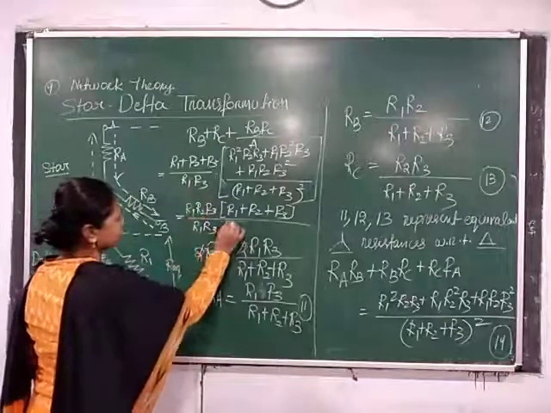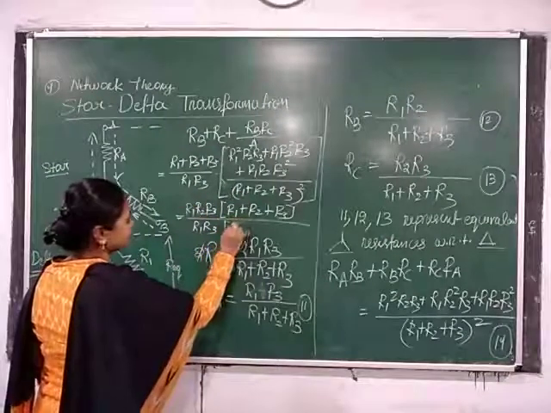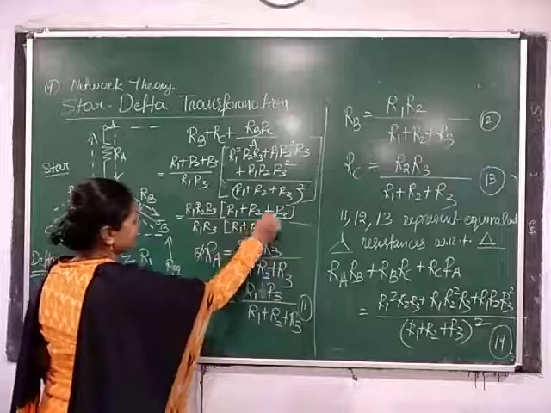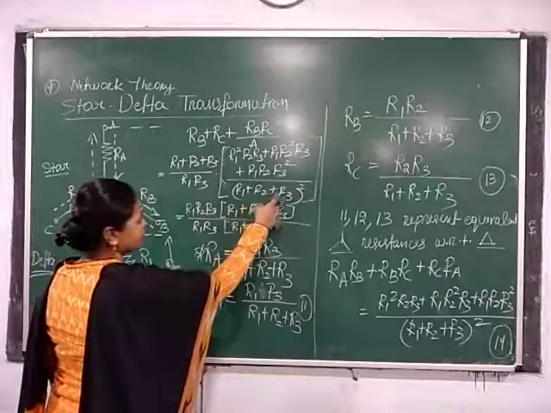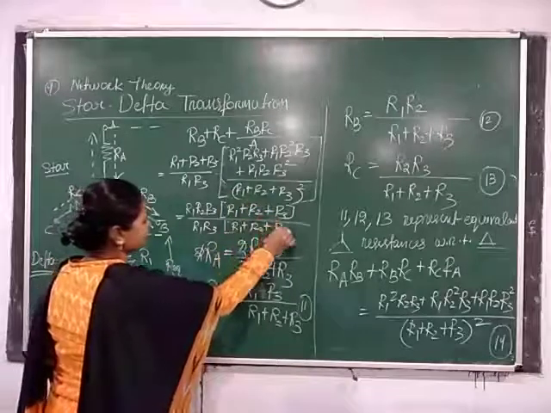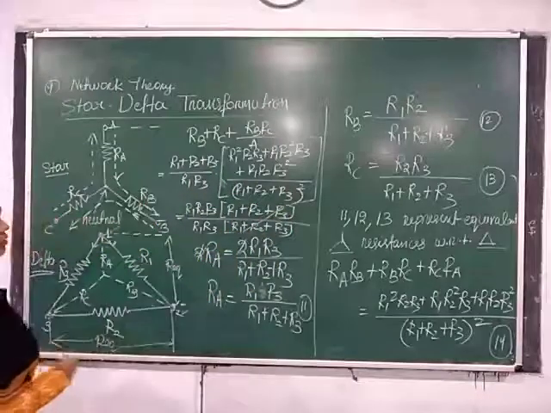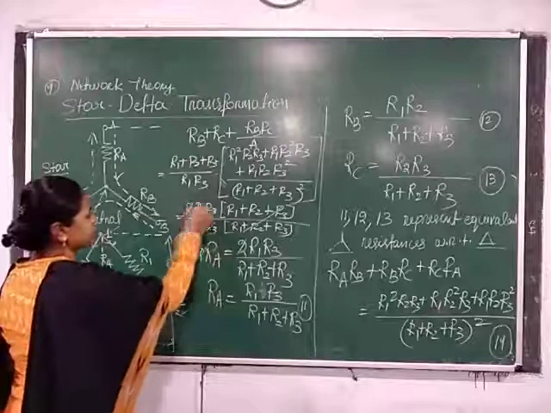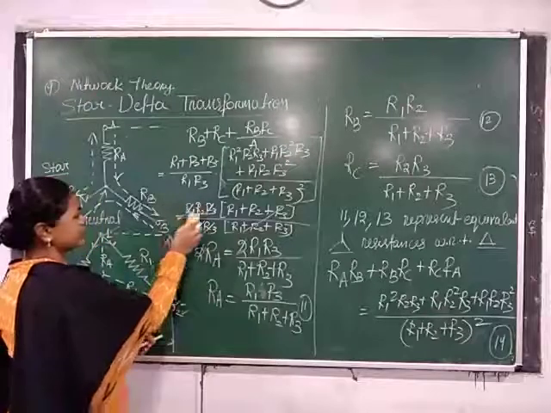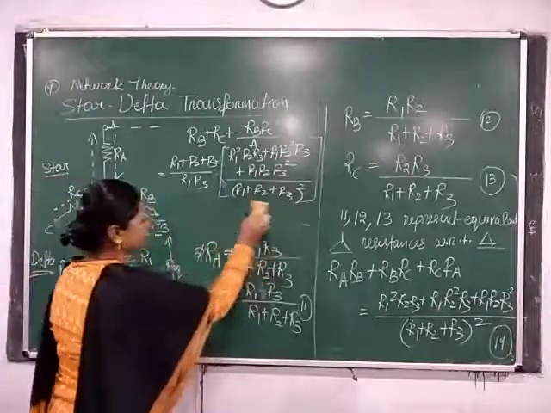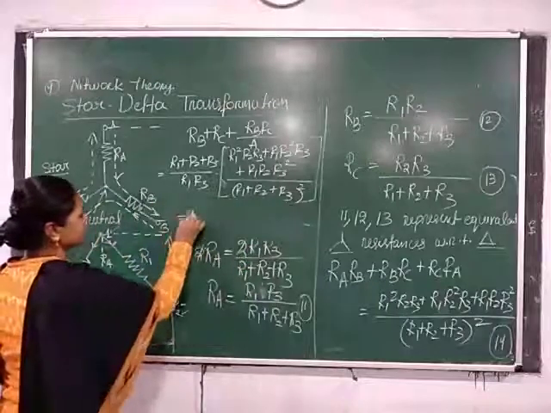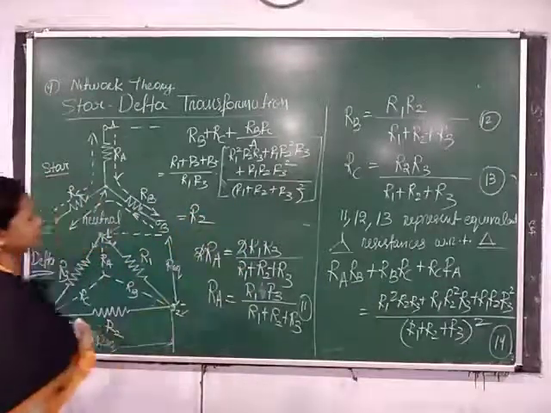Already this term is cancelled out, and R1 R2 plus R3, one is cancelled out with this one. Now R1 R3 is cancelled out, so the rest element is R2.